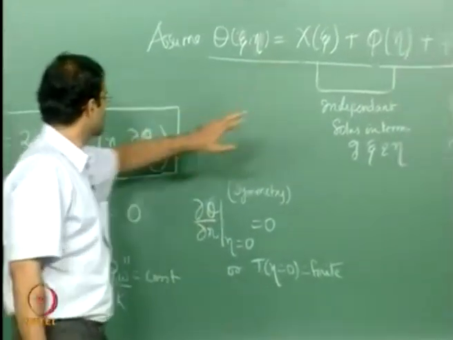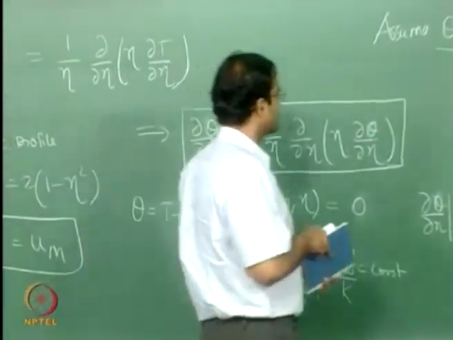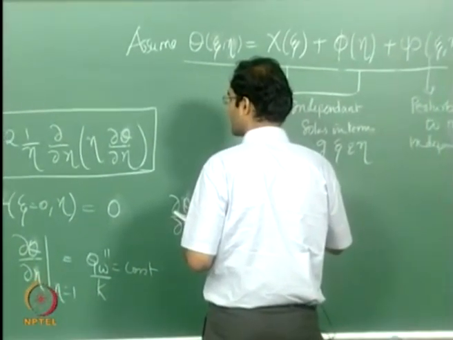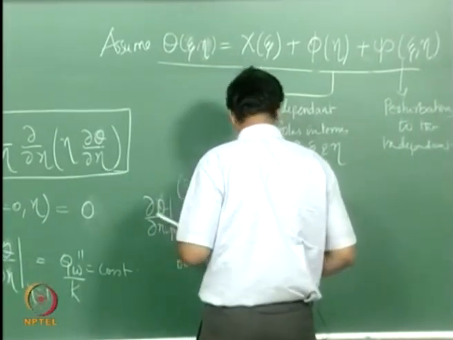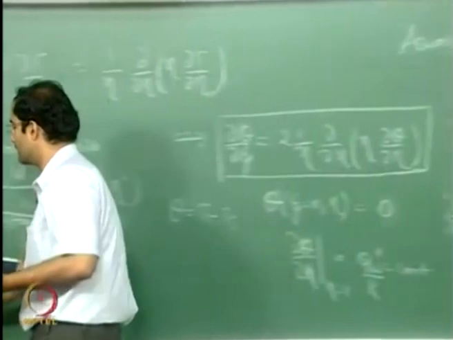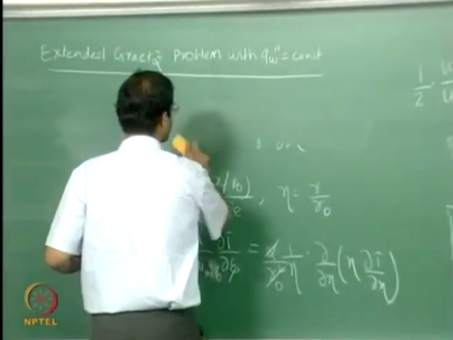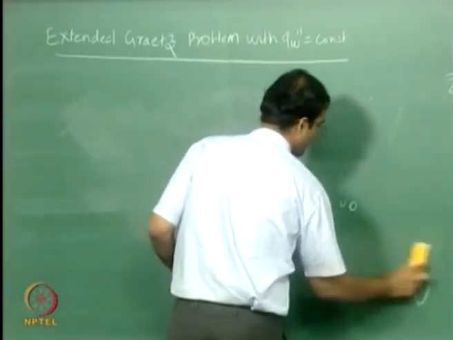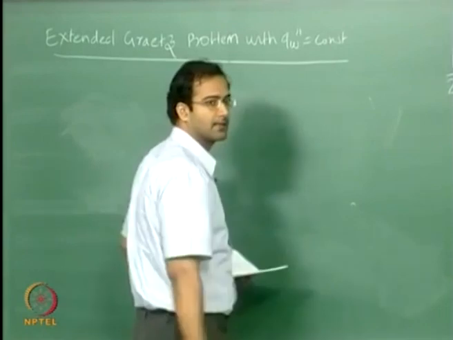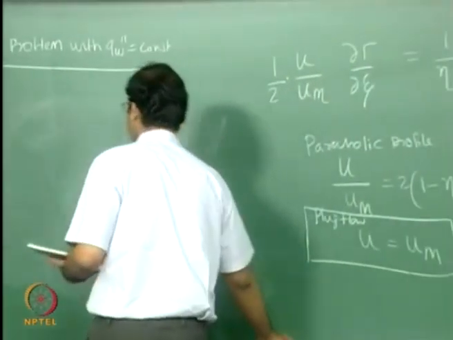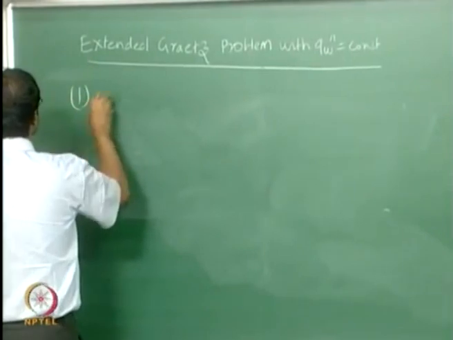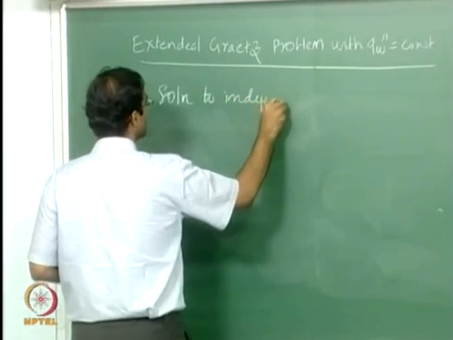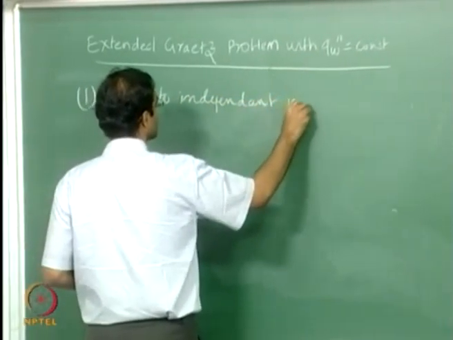Once you substitute this into the governing equation, you can separate it into two problems: one where you first look at only the independent solution, and the other where you look at the perturbation solution, and then finally add everything together. So the first part will be the solution for independent variables.